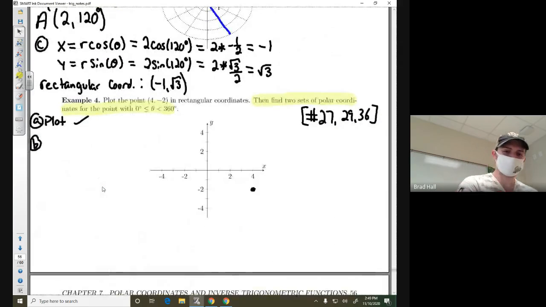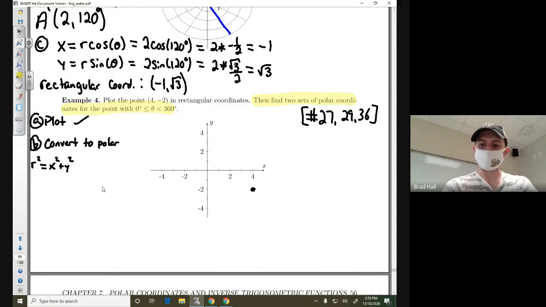So really, I'm going to go ahead and rewrite the formulas here. Say convert to polar first. r squared is equal to x squared plus y squared.